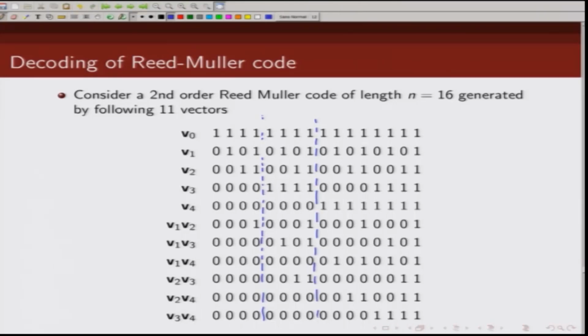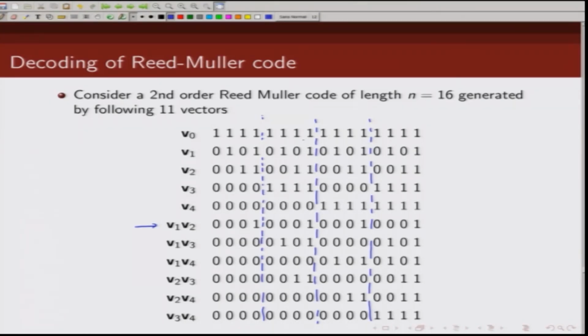This is a group of 4, this is a group of 4. So, what I am saying is, if you look at this group of 4 and add them up, let us look at this first group of 4. Some will be 0, 0, 0, 0, this is 1, this is 0, 0, 0, 0.